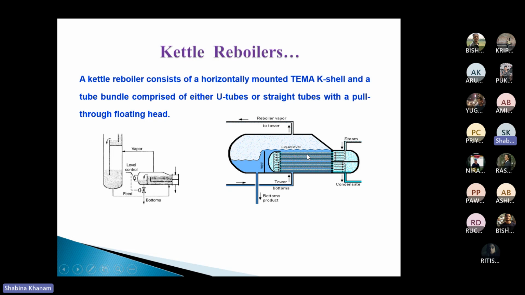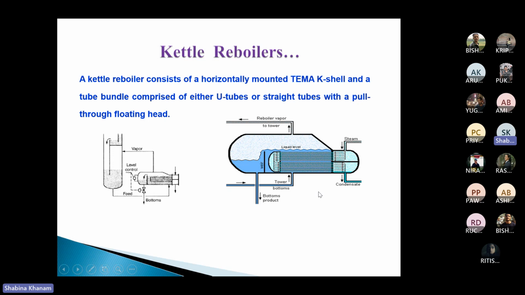So how is it maintained? This level is maintained by this weir. This is nothing but the baffle type. So there is only one plate, and the height of this weir would be more than the bundle diameter, right?